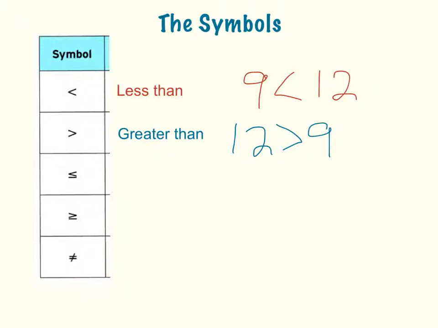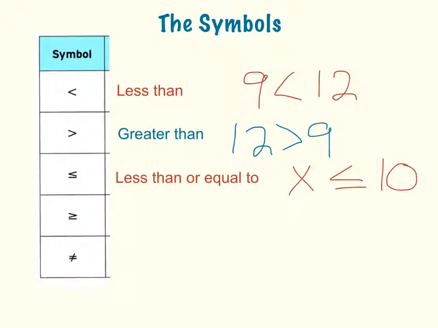The next symbol in the chart is the less than or equal to. When you see the sign right there underneath, that represents the equal to value. So for example, we could say that x, an unknown, is less than or equal to 10.